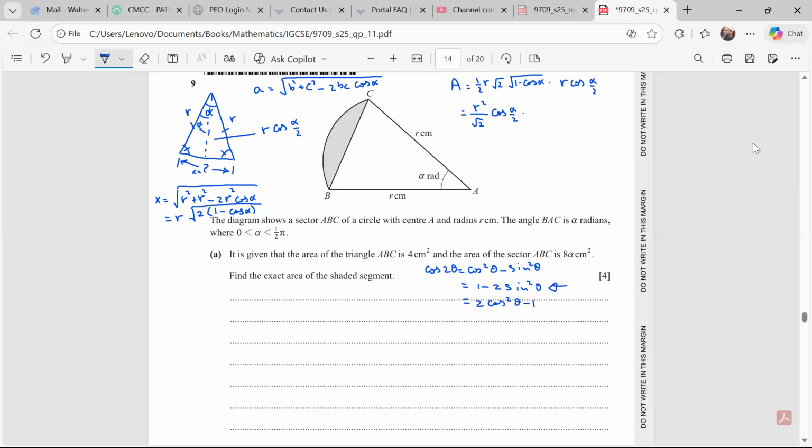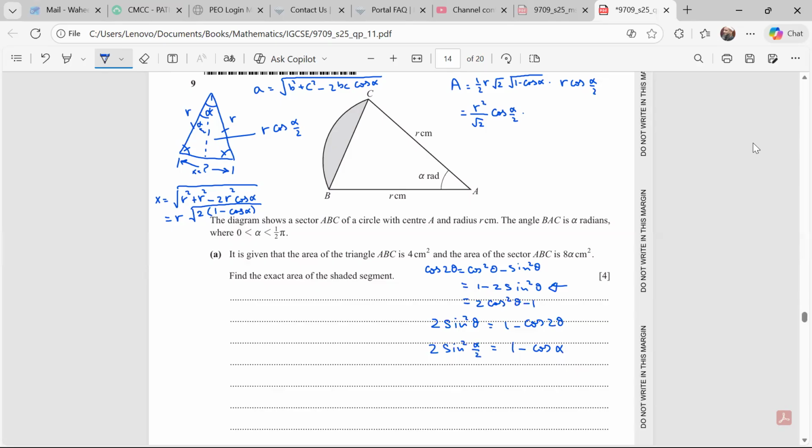From here you can see that 2 sine square theta is equal to 1 minus cos 2 theta. If I replace 2 theta by alpha, it is 1 minus cos of alpha. So this theta will become alpha by 2. I will have 2 sine square alpha by 2.